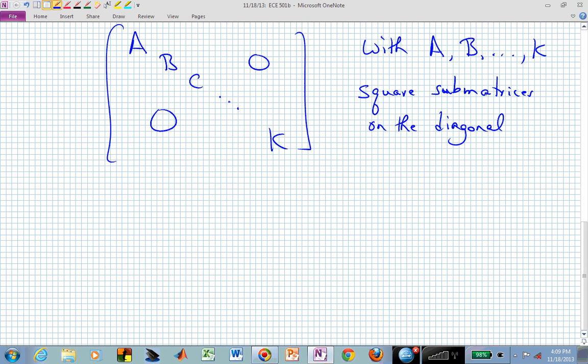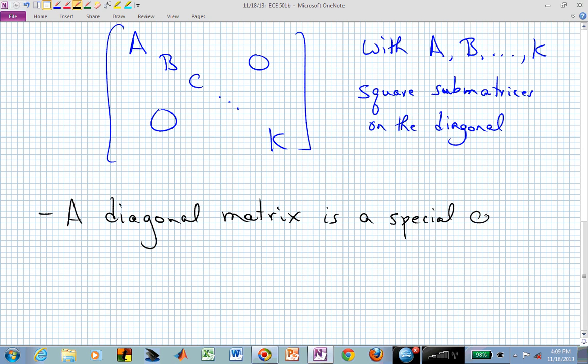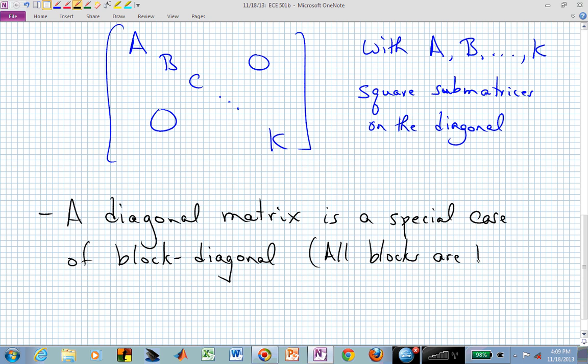So let's just make that statement. We could say a diagonal matrix, and that's just non-zero values on the diagonal, is a special case of a block diagonal where all the blocks are 1 by 1.